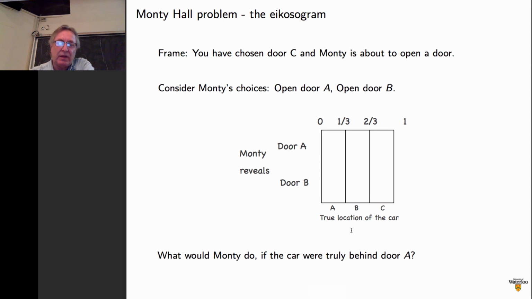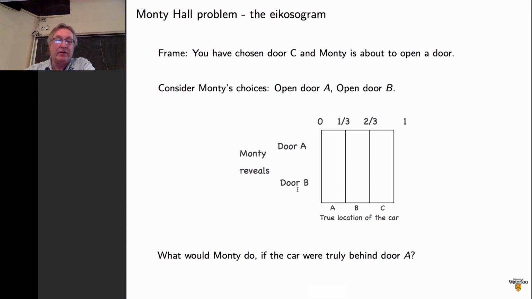So let's just go through this. Suppose I look at this first one. The conditioning is that the true location is A, right? And you've chosen C. What's the probability that Monty will reveal door B? Yeah? 100%. Probability is 1.